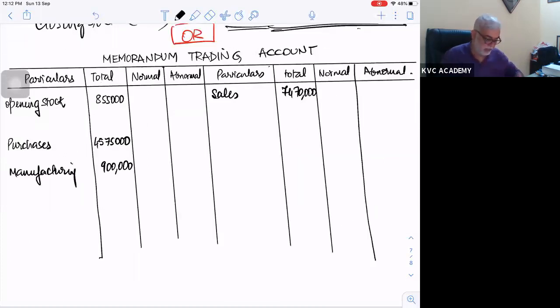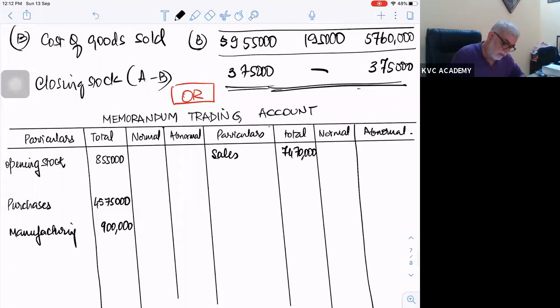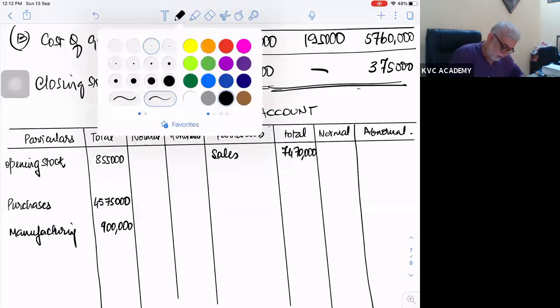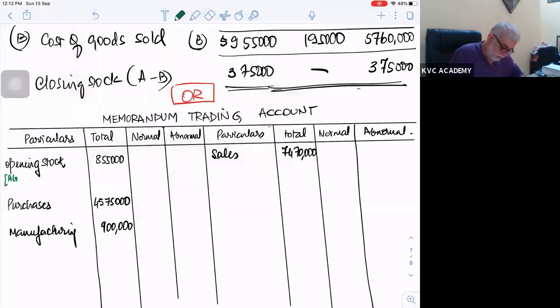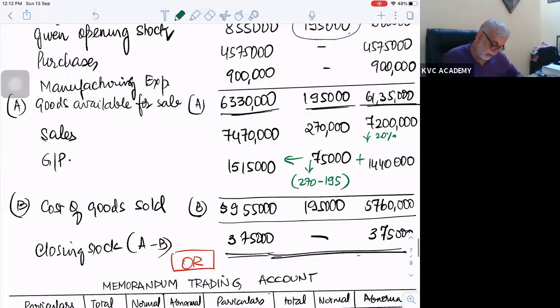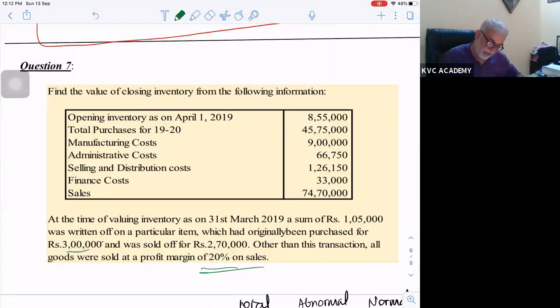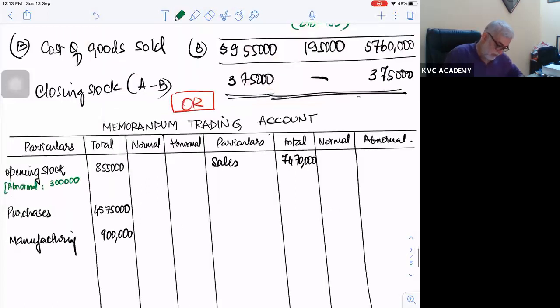Now, a normal item is 3 lakh, minus 1 lakh 5 that was written off. So 3 lakh minus 1 lakh 5, I will get 195.